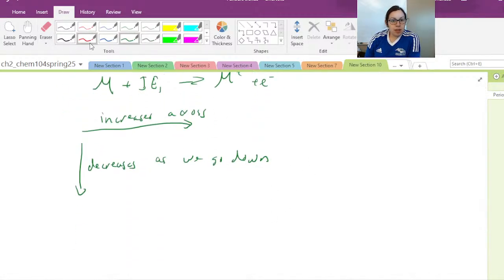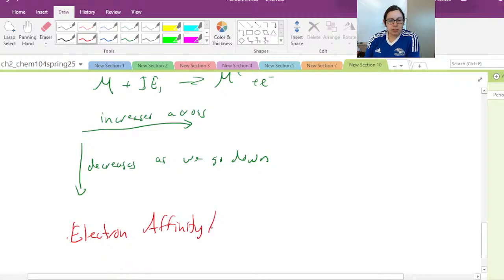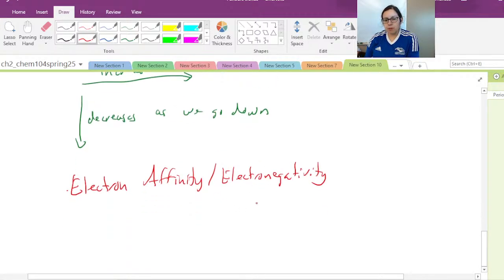And then last, we'll do the last 2 because they go together. So we have electron affinity and electronegativity. Have people heard of electronegativity at least? Yeah, most people have heard of that one.